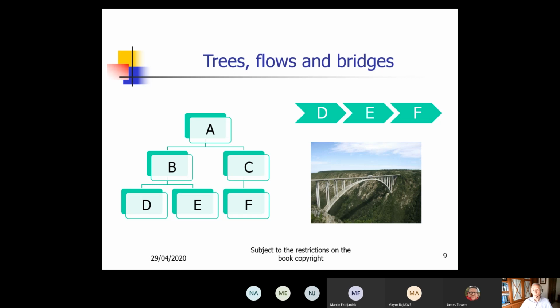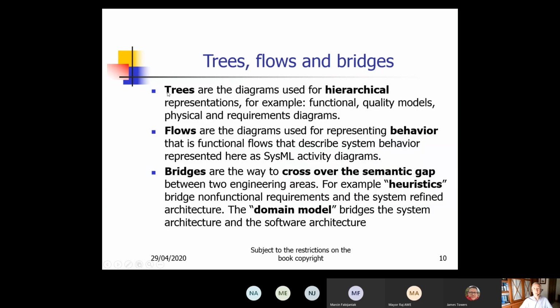This is how we bridge the semantic gap between the system architecture and the software architecture. So we use trees to represent hierarchically functionality, quality models, physical decomposition of the system, and the requirements diagrams.